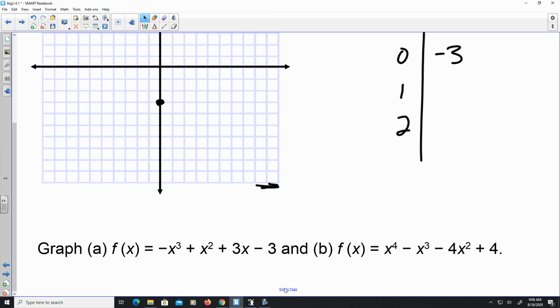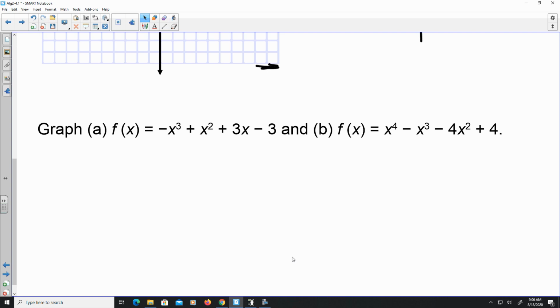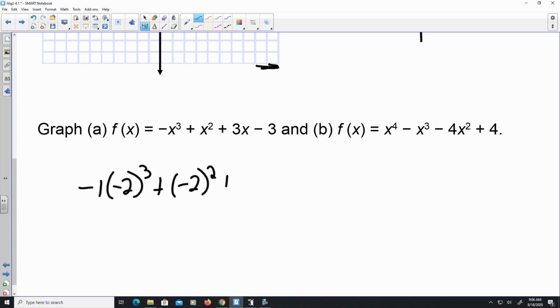So -2. It'll be negative 1 times -2 to the third plus -2 squared plus 3 times -2 minus 3.